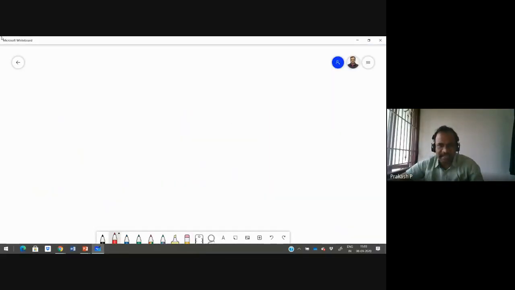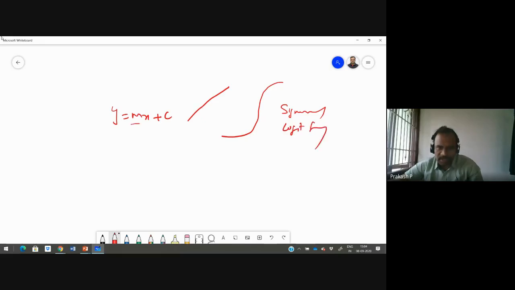We have a straight line equation y equals mx plus c. Then you need to equate this with the sigmoid function or logit function. When you want to equate this to the sigmoid function, they consider the log of the odds ratio, p divided by 1 minus p, and try to equate it to mx plus c.